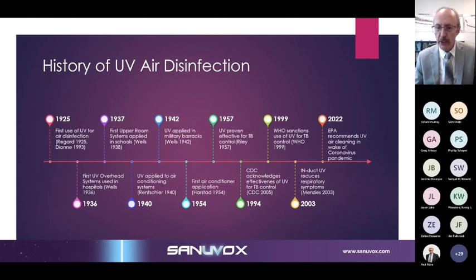The WHO followed suit in 1999, and the first actual study in a human building by Menzies showed that induct UV reduced respiratory symptoms. This brings us to the present. In 2022, EPA, among other agencies, recommended UV air cleaning in the wake of the coronavirus pandemic.